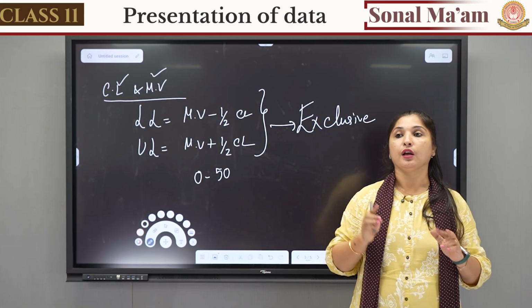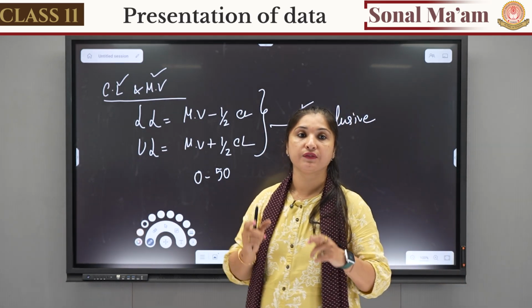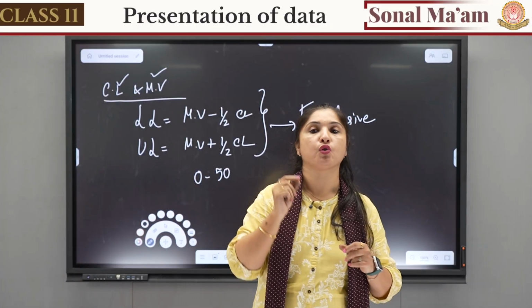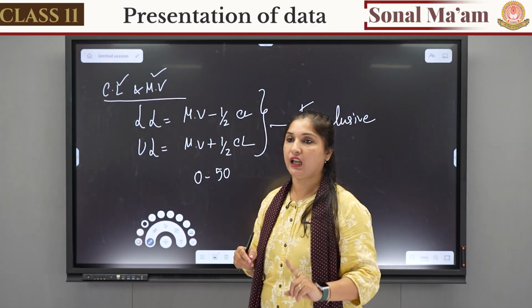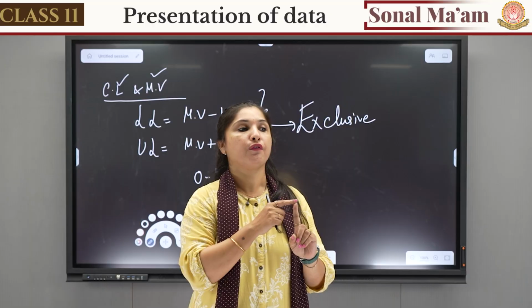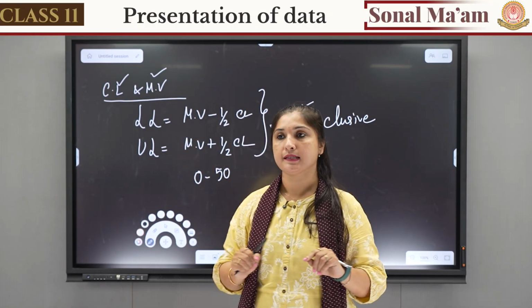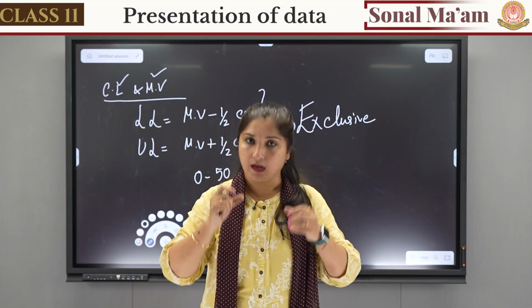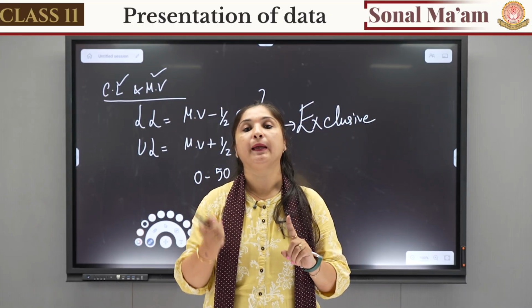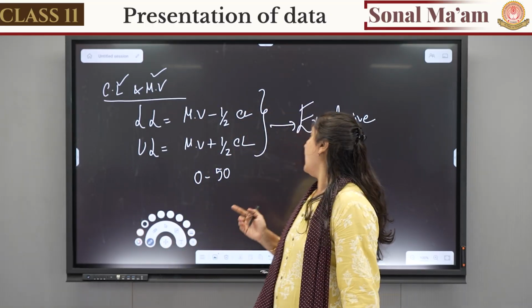Okay, understood? So always remember, whenever we use the formula for finding the lower limit and upper limit using the class length and the mid value, the class we will get will be an exclusive class.